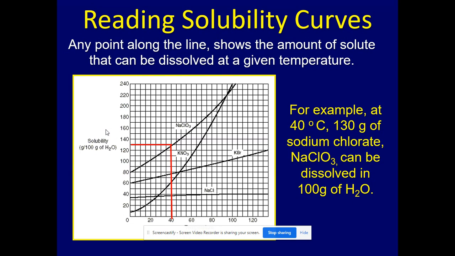Follow that up to the curved line and follow that over to the solubility. The solubility on the y-axis tells you how much can be dissolved. At 40 degrees Celsius, 130 grams of sodium chlorate could be dissolved in 100 grams of water. You know it's 100 grams of water because it will say that over on the y-axis.